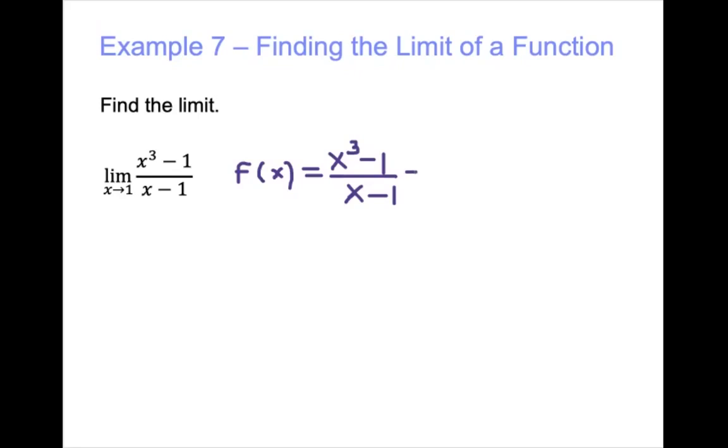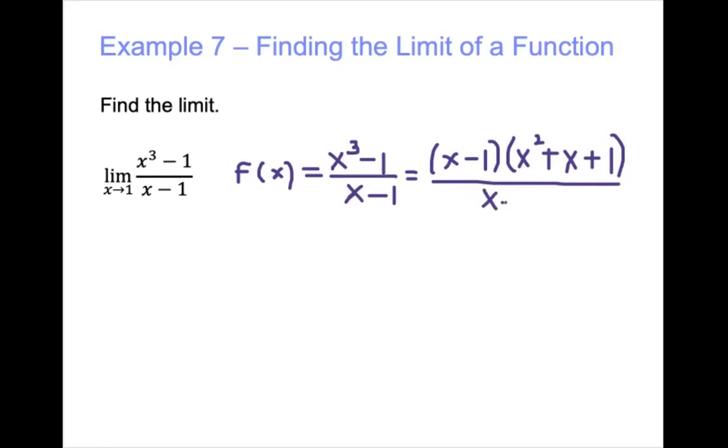So f of x then equals x minus 1 times x squared plus x plus 1 over, the denominator is already factored, so over x minus 1.